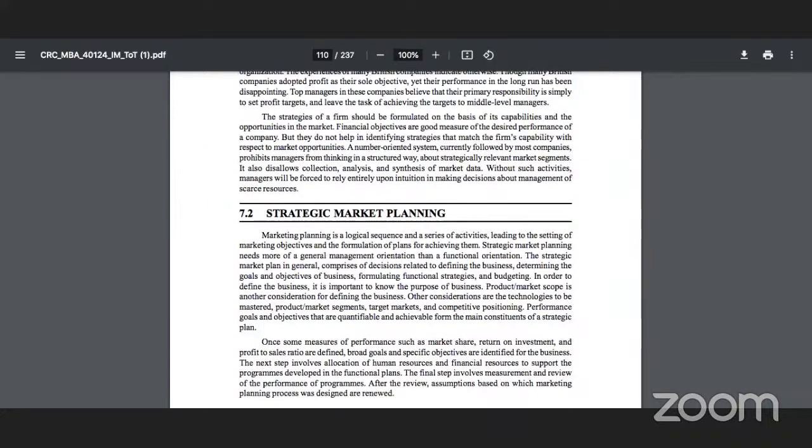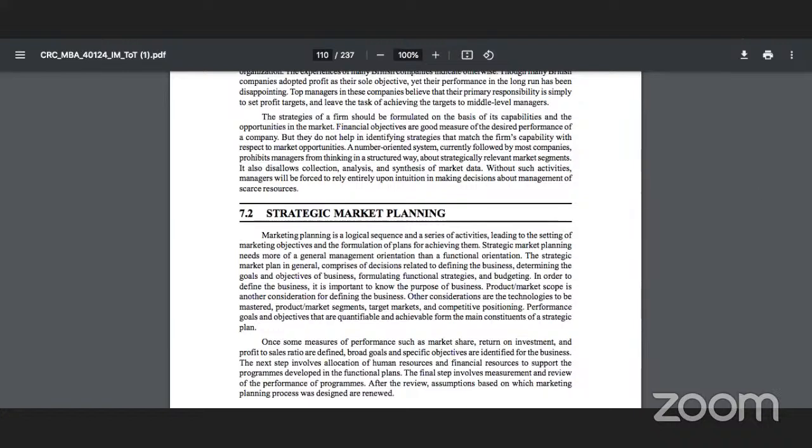If you see across a spectrum of companies, we find that they are most often, if not all the time, focused on the number oriented system. What is this number oriented system? It fundamentally means that the organization is thinking in terms of what returns will I get. It also disallows collection, analysis, and synthesis of market data.